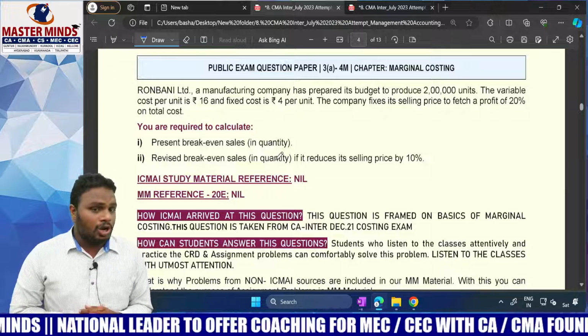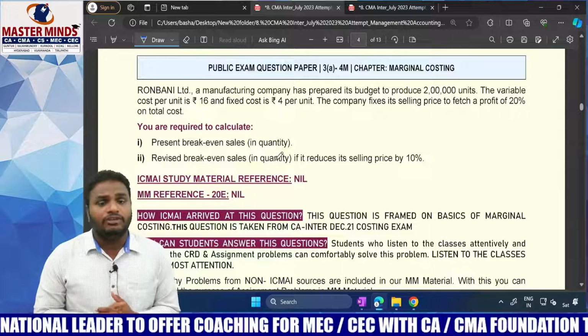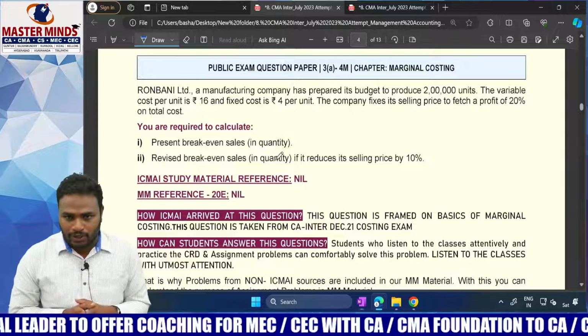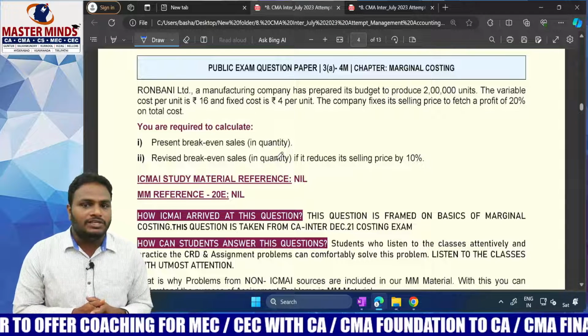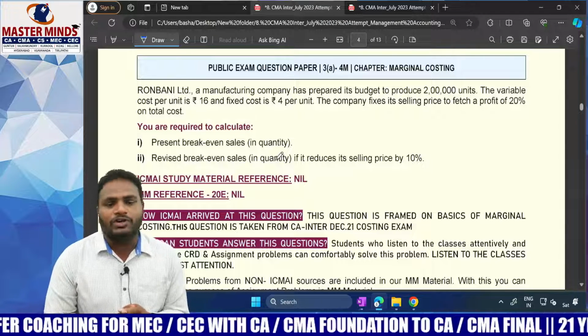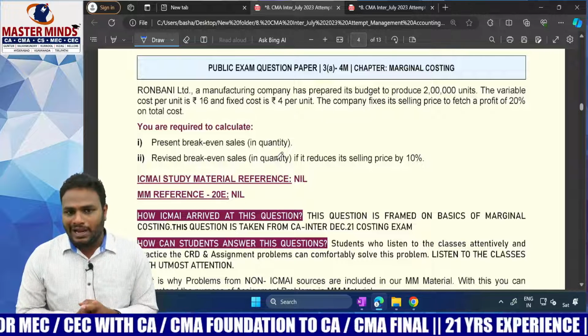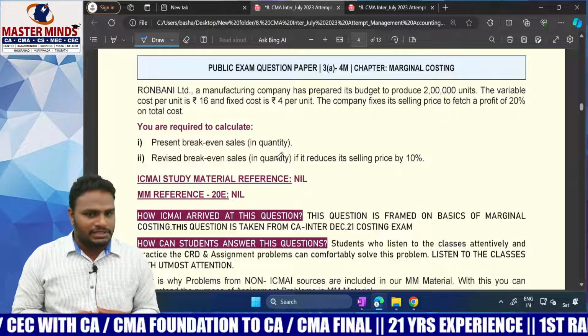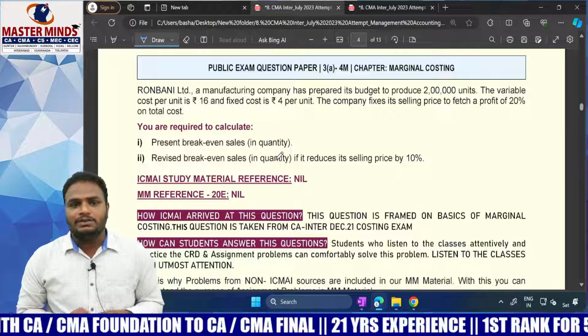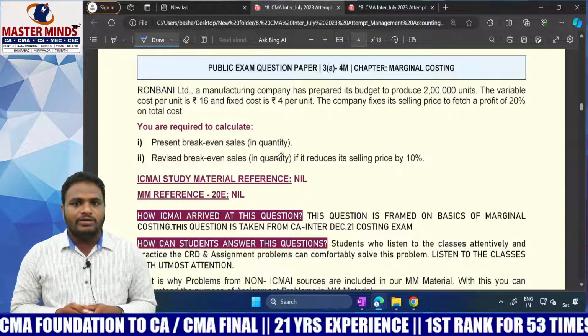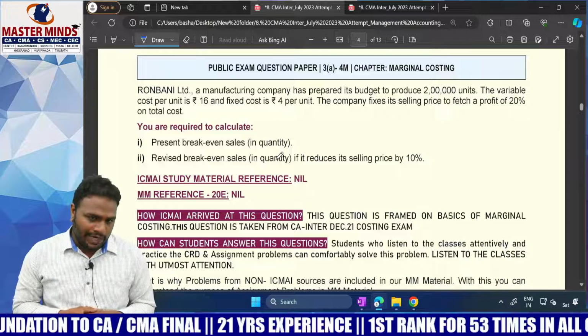The variable cost per unit is 16 and fixed cost is 4 rupees per unit. The company fixes its selling price to fetch a profit of 20% on total cost. You are required to calculate the present break-even sales quantity and the revised break-even sales quantity if the selling price is reduced by 10%.